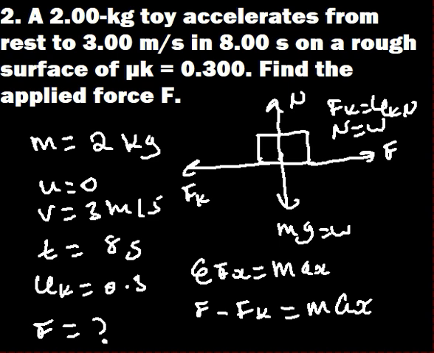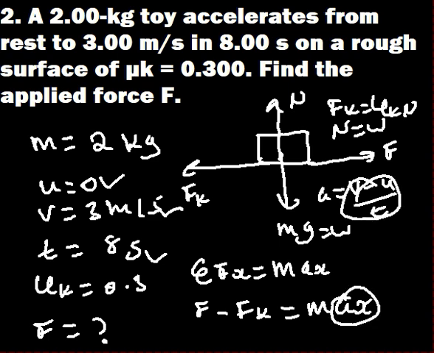Using the equations of kinematics, since we have the initial velocity, final velocity, and time, acceleration is the final velocity minus initial divided by time. Upon having acceleration, we put it here and solve for the force applied.